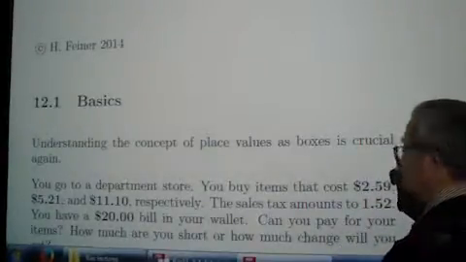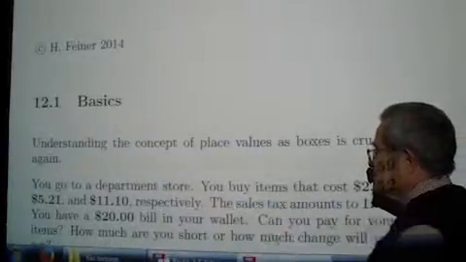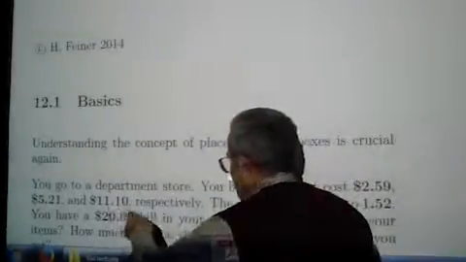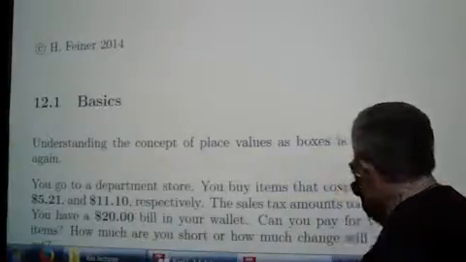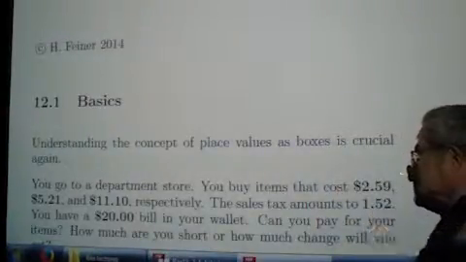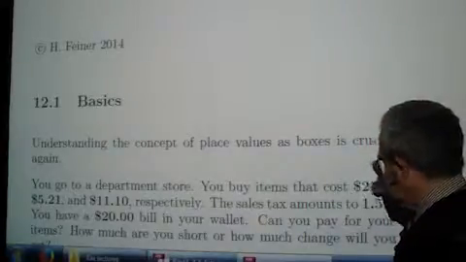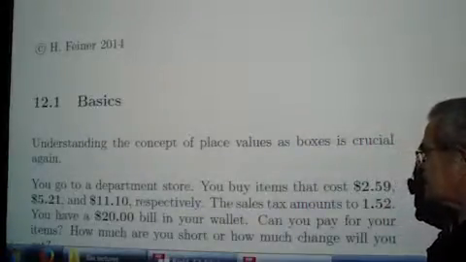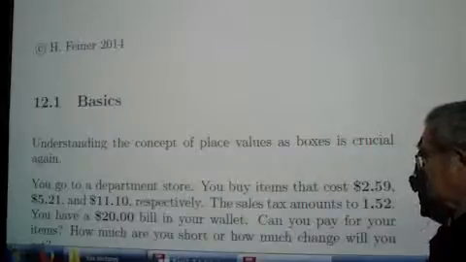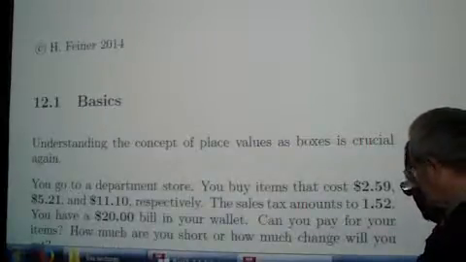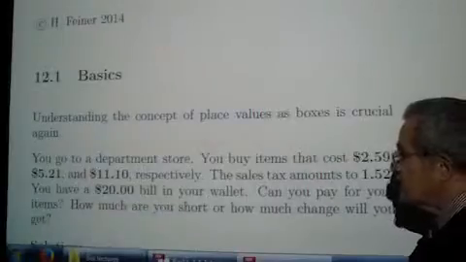The second item, $5.21. The third item, $11.10. The sales tax amounts to $1.52. You have a $20 bill in your wallet. Can you pay for your items? If not, how much are you short? Or if yes, how much change will you get?